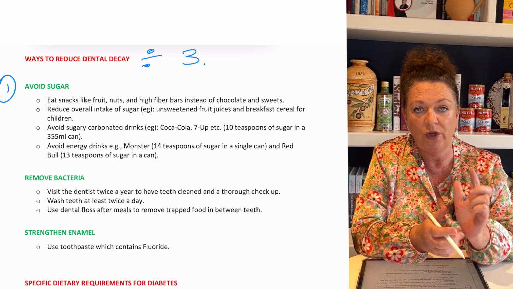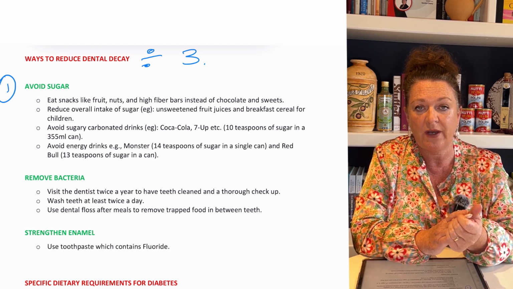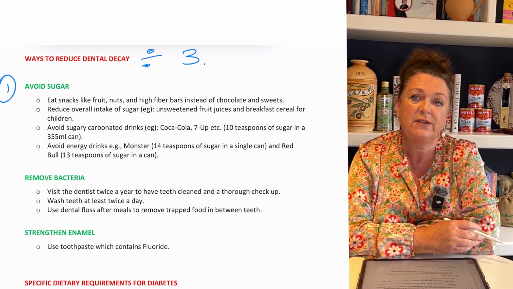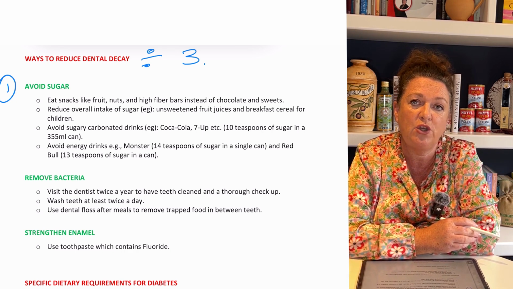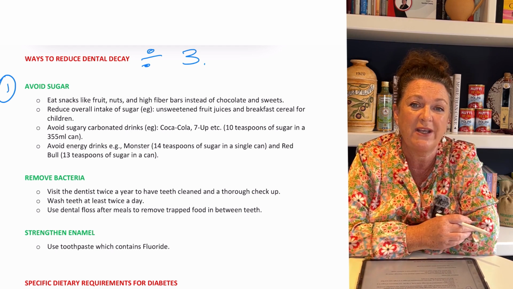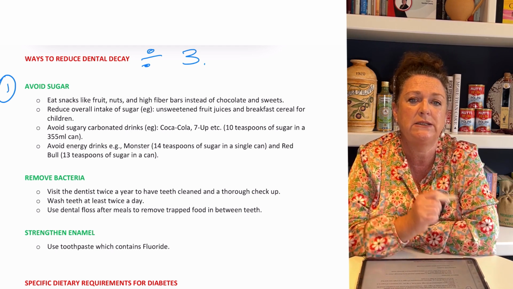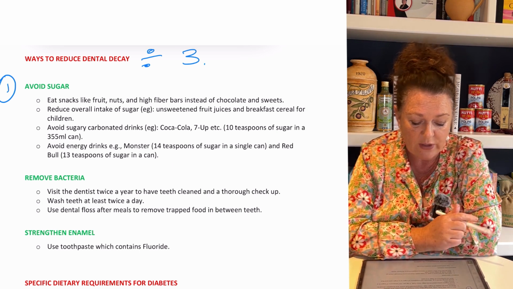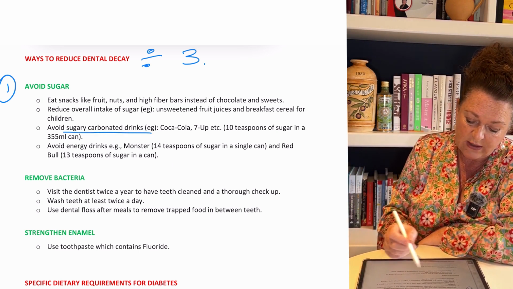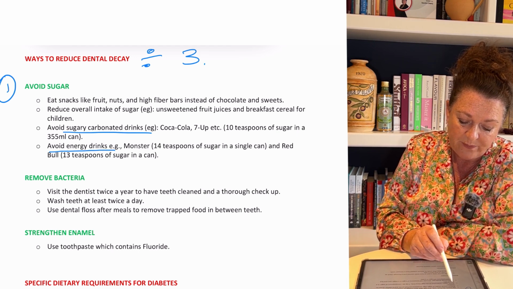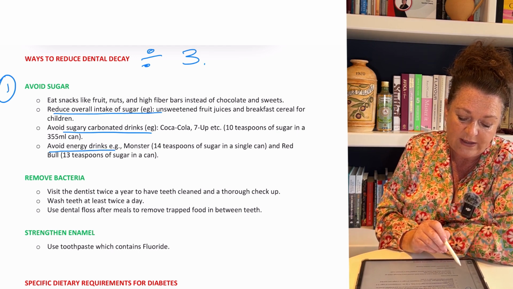And yet in one can of fizzy cola, you're looking at 10 teaspoons. Then you have those energy drinks. As well as the taurine present in one standard can of, say, Monster drink, 17 teaspoons of sugar.